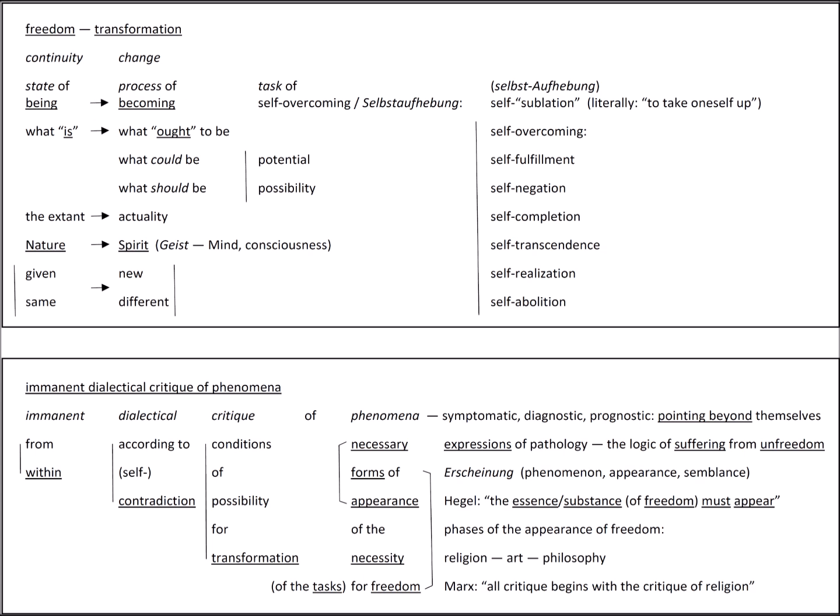So one way of thinking about it is how a state of being is transformed in a process of becoming. So again, the ought is a possibility and a potential in what is, but not what exists yet.